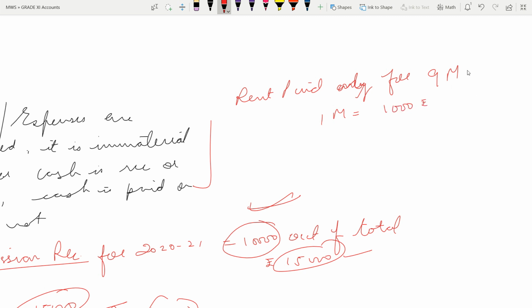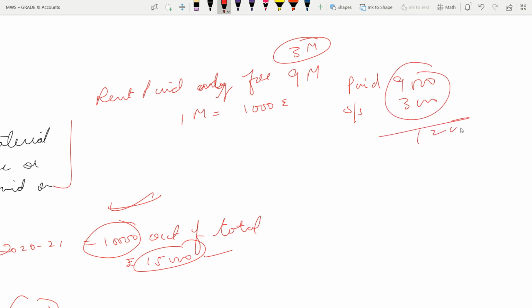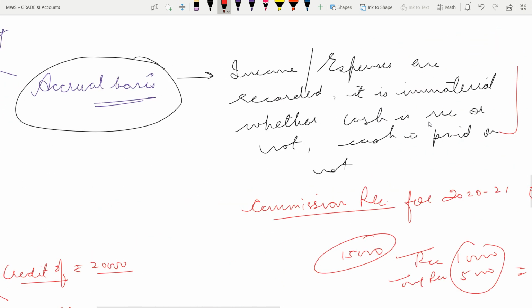Then how much rent have you paid? You have paid only 9,000 rupees. And for how many months is rent left to be paid? 3 months. So 3 into 1,000, 3,000 is outstanding rent, and this we have paid. So both we have to record, and we will record the total rent of 12,000, which is the current year expense. Clear? This is accrual basis of accounting.